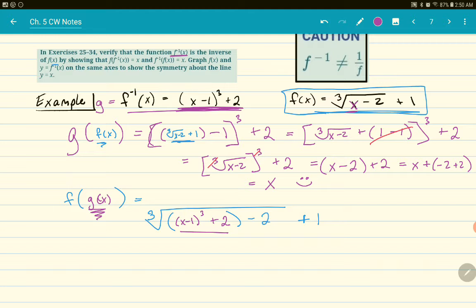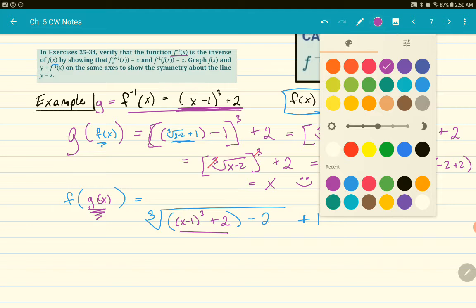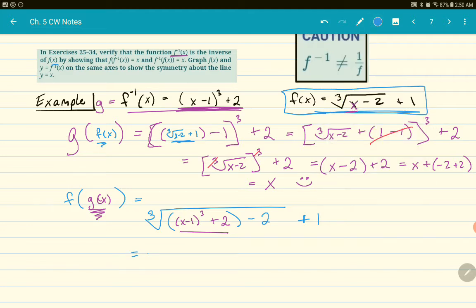So the first thing I do is change the order of the association. I can change the association of the parentheses inside that parenthesis. So I get that equals the cubed root of x minus 1 cubed plus 2 minus 2.